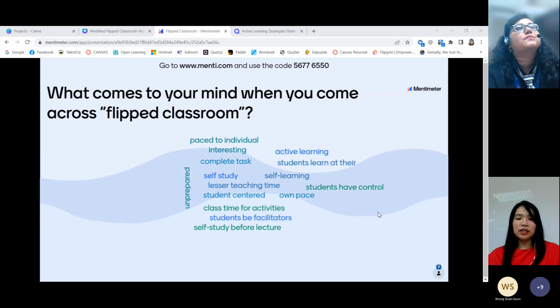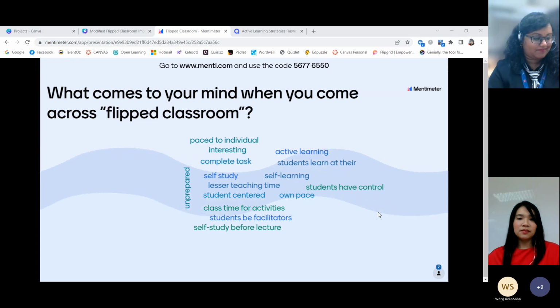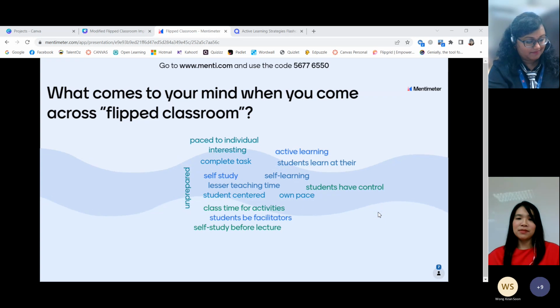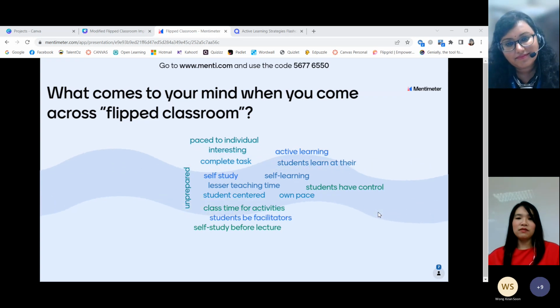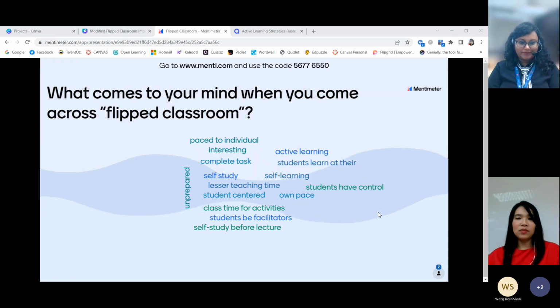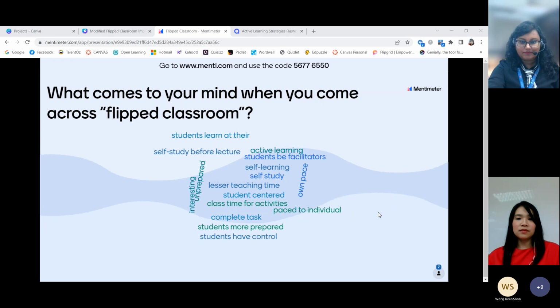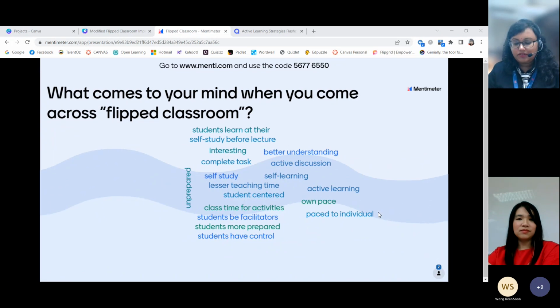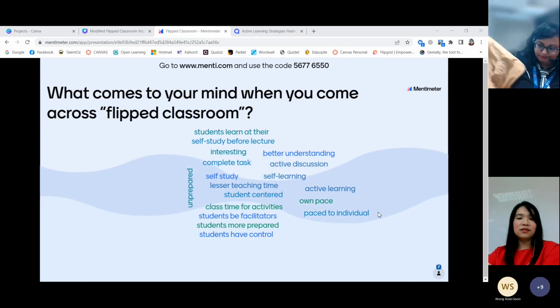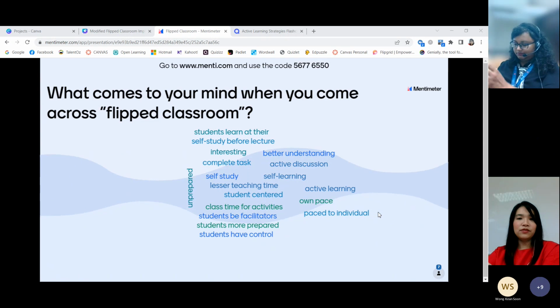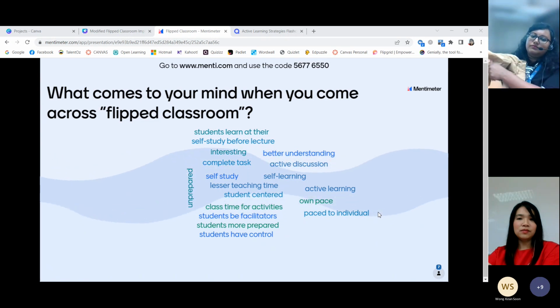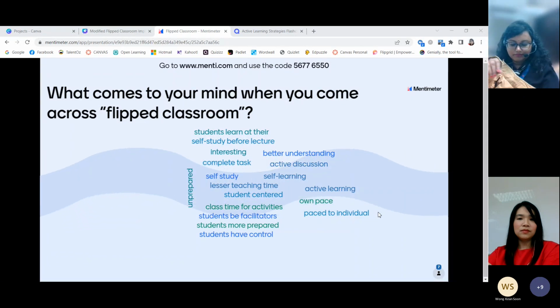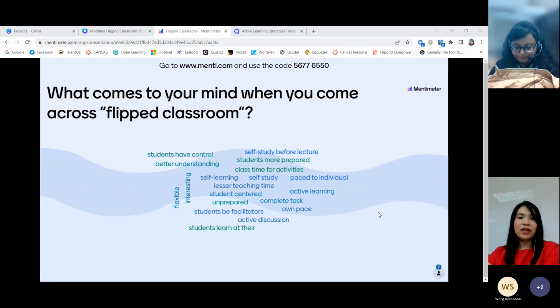Okay, students have control, active learning, unprepared, class time for activities, students be facilitators, complete tasks, active discussion, students more prepared, better understanding, self-learning, flexible.